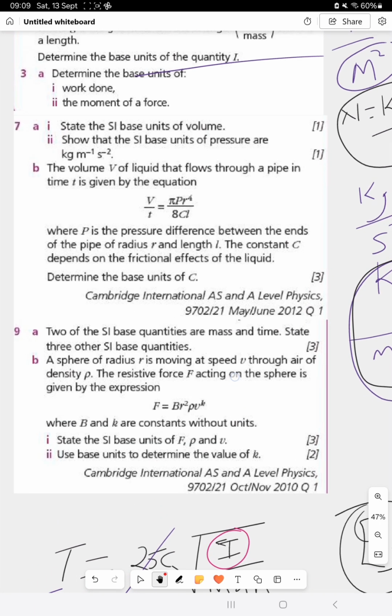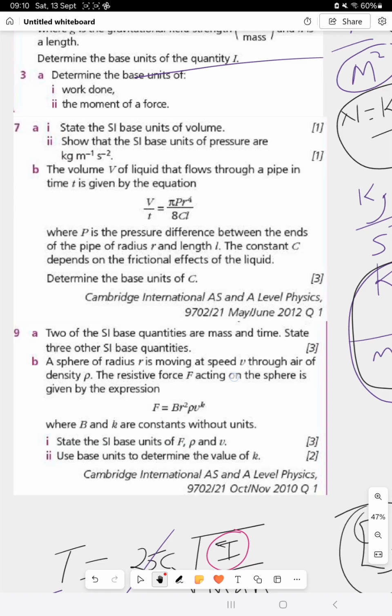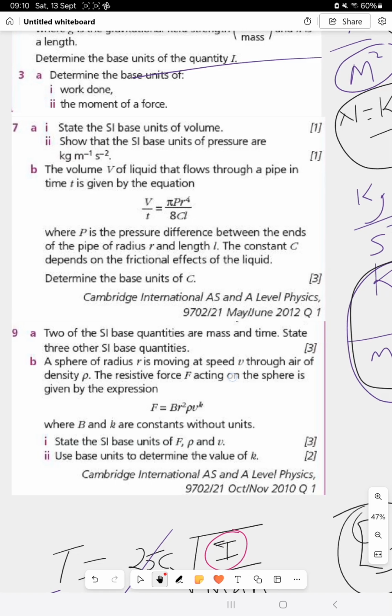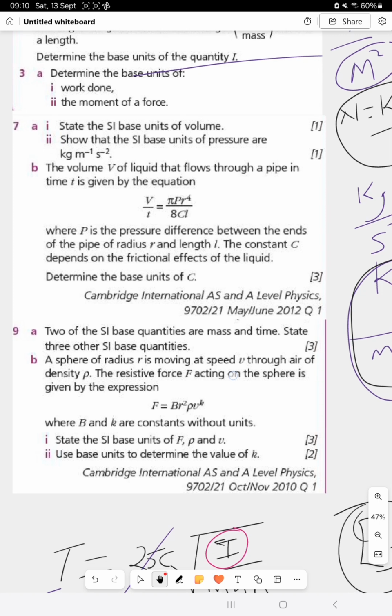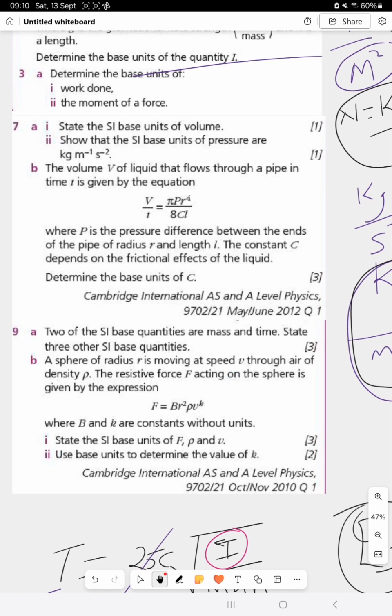Now we are in question 7. State the SI units of volume. The SI units of volume is meter cubed. That one I am pretty sure you know. Then you are told, show that the SI units of pressure is kilogram per meter second squared.